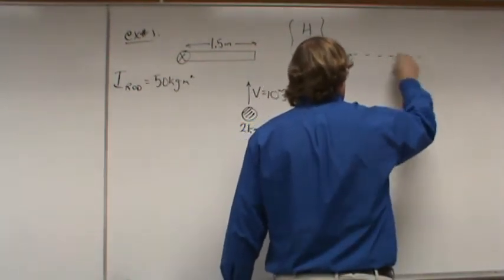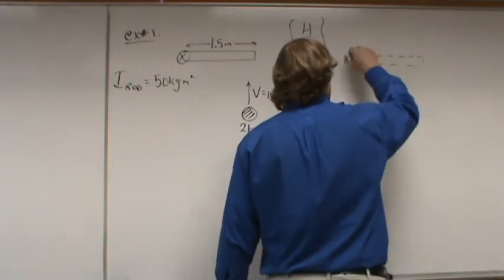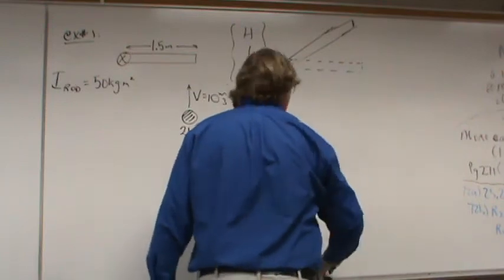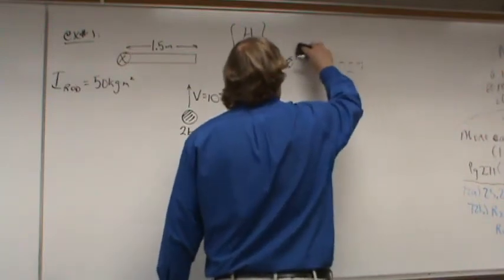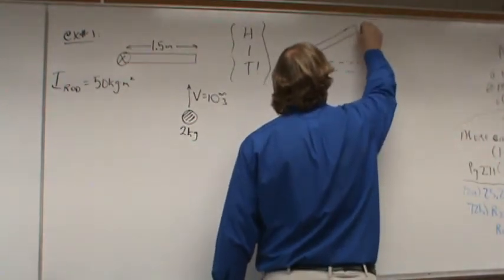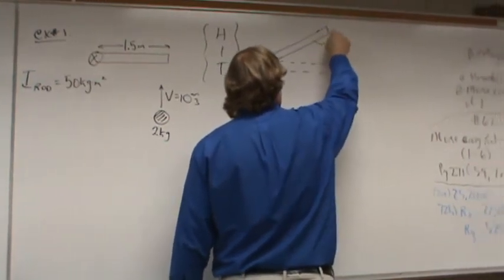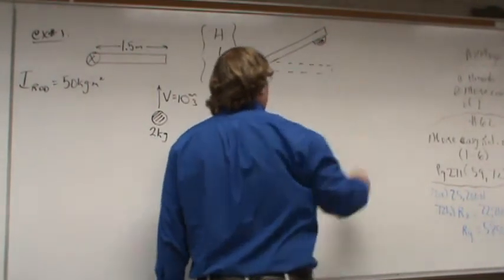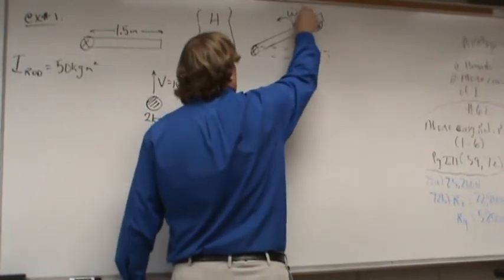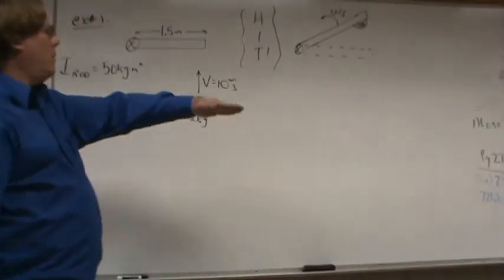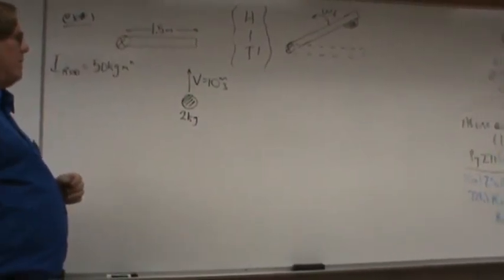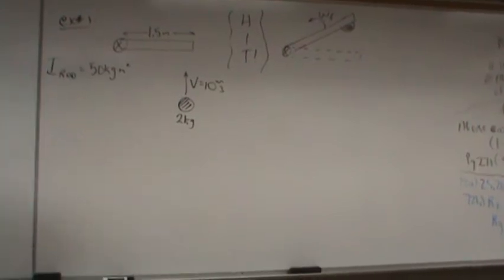So now, this rod, which had been at rest, is now, oh shoot, what an ugly rod. Here's a second. Oh well, that's not that much better. So do you see the ball has stuck to the rod, and now the ball and the rod are rotating together about that point of rotation? Do you understand the scenario?